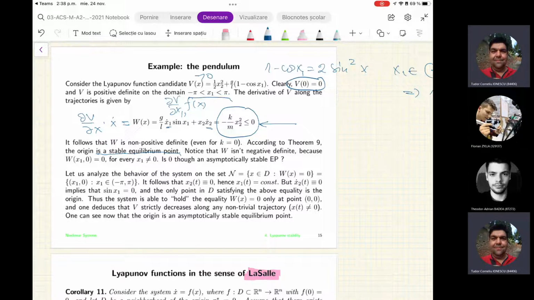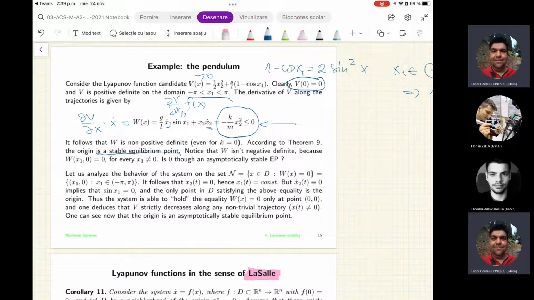What does x2 mean? x2 is the velocity, if you remember. Velocity equal to 0 means constant displacement. Hence the solution of W(x) equal to 0 is for x2 equal to 0 and x1 constant.